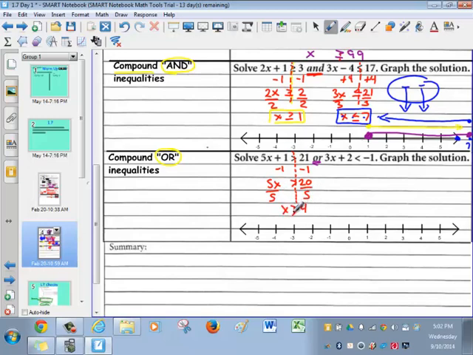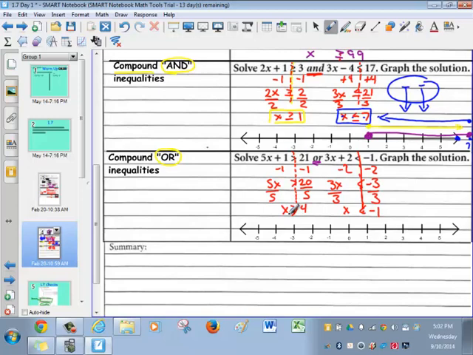That's this one right here. And then over here, we'll solve this one. Subtract 2, subtract 2. So I got 3x is less than negative 3. Divide by 3 on both sides. So I have x is less than negative 1. Again, I never divided by a negative number, so I never had to swap this sign.